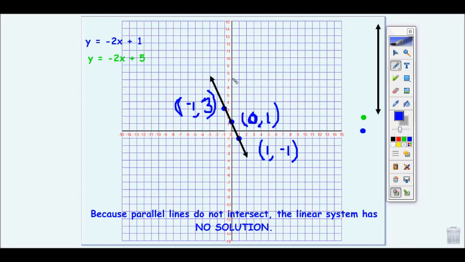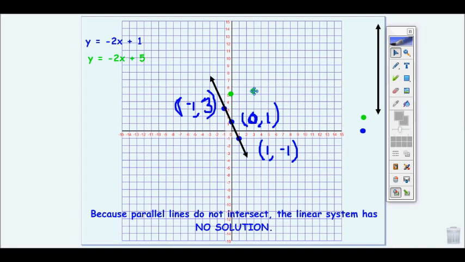Okay, let's go ahead and graph the green line. So the green line again, start at my y-intercept, and that's going to be at 0, 5. Start at the beginning. And now I'm going to apply my slope.